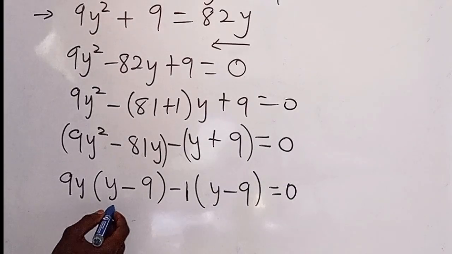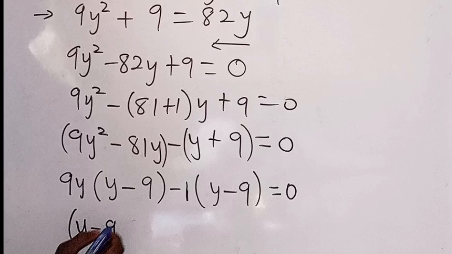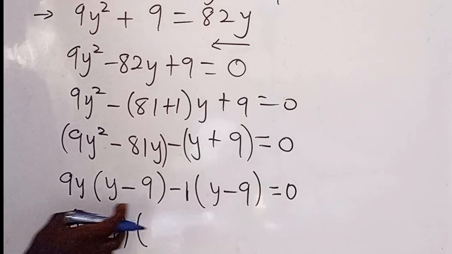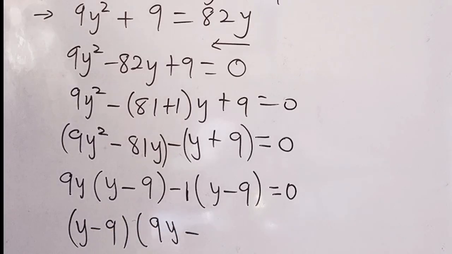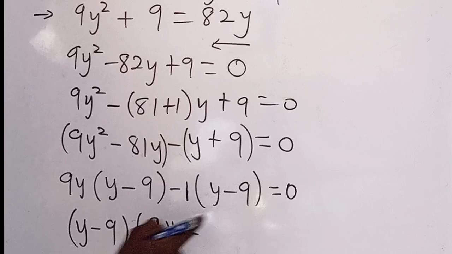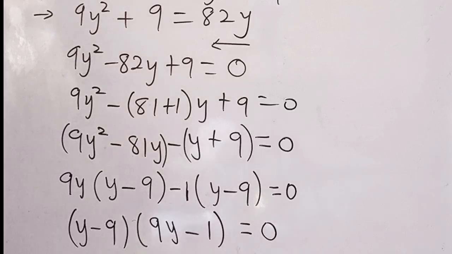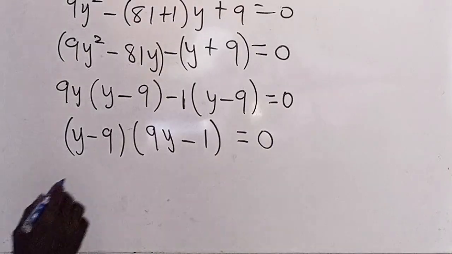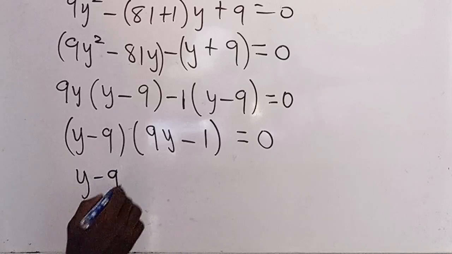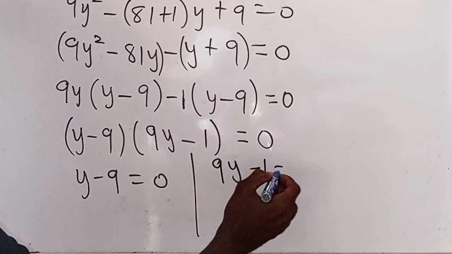So now from here, y minus 9 is common, bring it out, y minus 9 into bracket. Now everything here divided by y minus 9, we're going to have 9y, and here we're going to have minus 1, then equals 0. So now from here y minus 9 either equals 0, or 9y minus 1 equals 0.